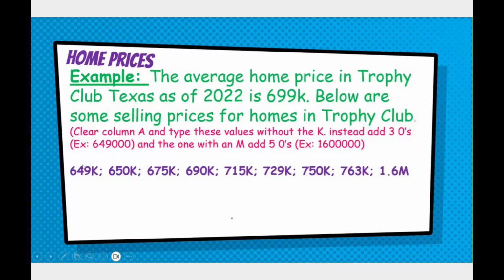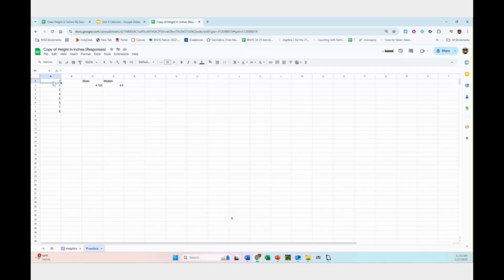And so I want to figure out what the mean and median for this would be. So I'm not going to use K there. I'm going to actually type zeros, and this is 1.6 million. So I'm going to go through and type these into my spreadsheet and look at my mean and my median values to try to see which measure of center would be better to use, or are they close to the same like our Heights example was.